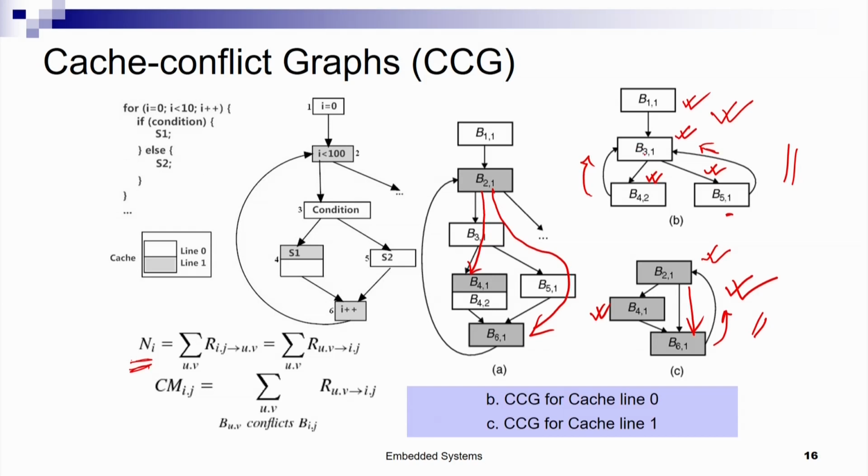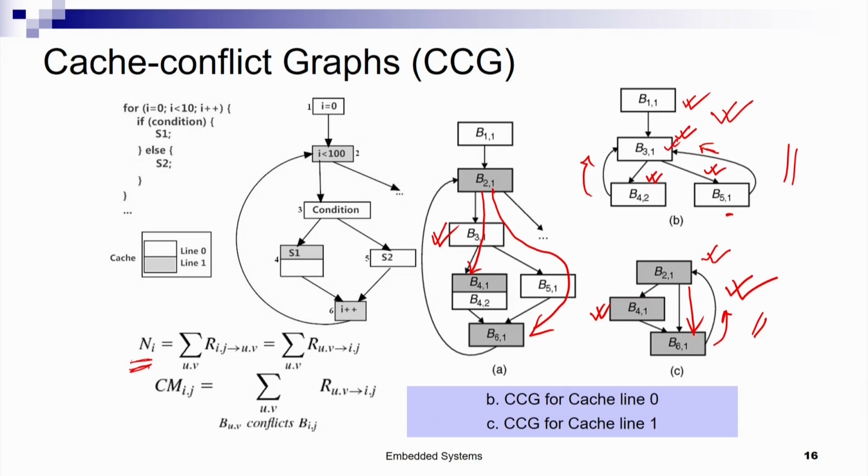Suppose you consider, let us say, basic block 3, and we are saying that basic block 3 has one memory block, B31.